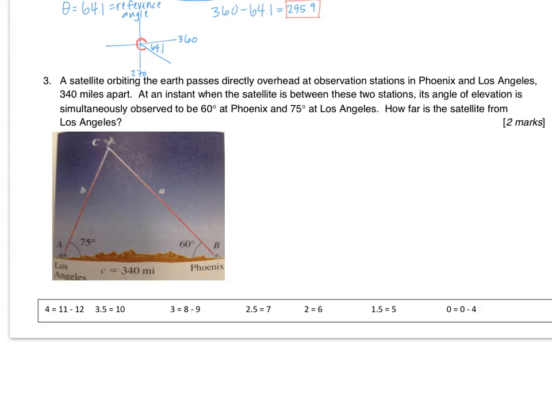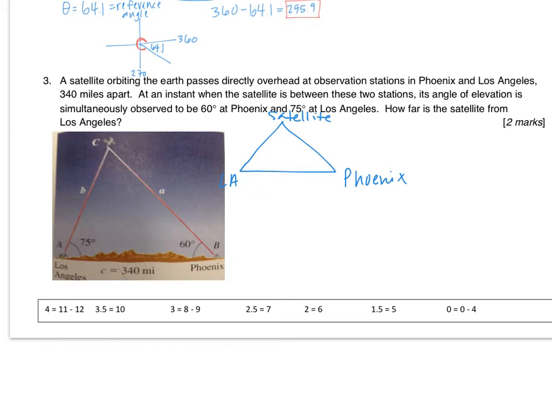So I'm just going to redraw this picture a little bit better because it's kind of small. So this is LA. This is Phoenix. And this is the satellite. I'm going to zoom in here.